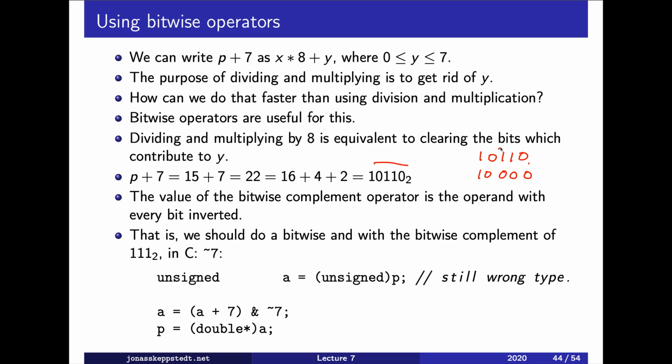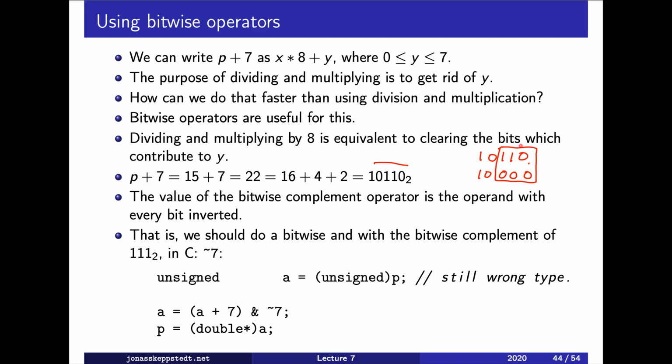The value of the bits here is between 0 and 7, 7 if all 3 are 1s. So what we can do is to take this p that we don't know the value of, add 7, and then try to get rid of the least significant bits.